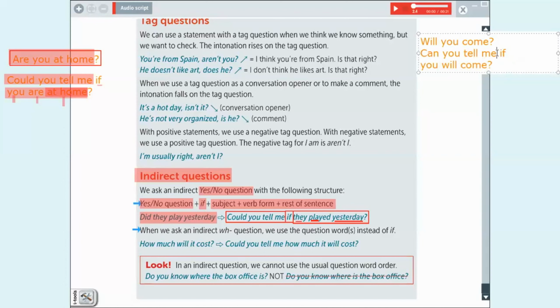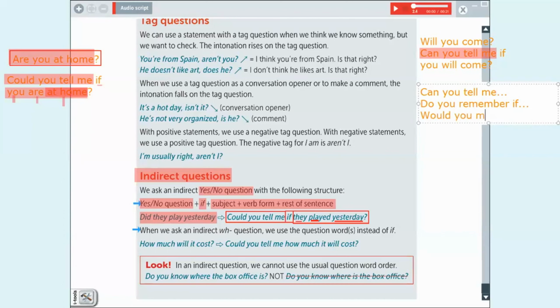Can you tell me? It's just an introduction. It's just the indirect form or the polite form to invite the other person to answer my question. Can you tell me is one of them, but we have more. We can say, do you remember if, etc. It's like a diplomatic form. Yes, do you remember if?